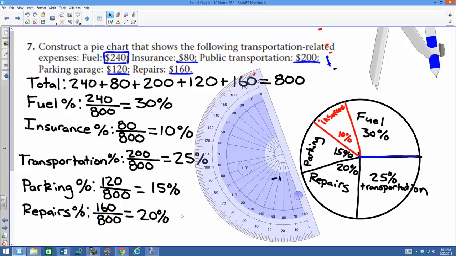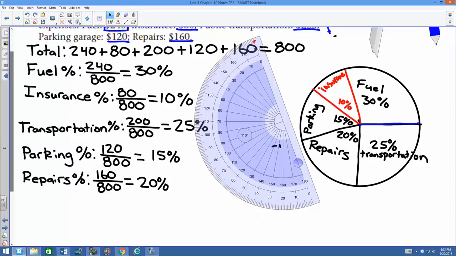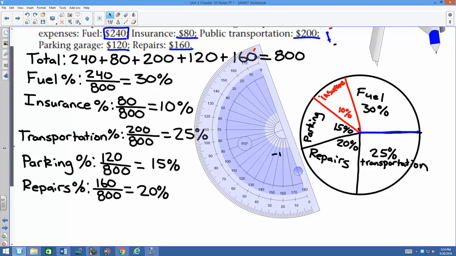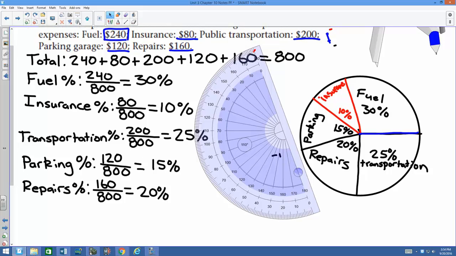Then I would follow those same steps. Insurance is 80 divided by 800, 10%. Transportation is 200 divided by 800, 25%. Parking, 15%, and repairs, 20%. And what you could do then is kind of estimate.